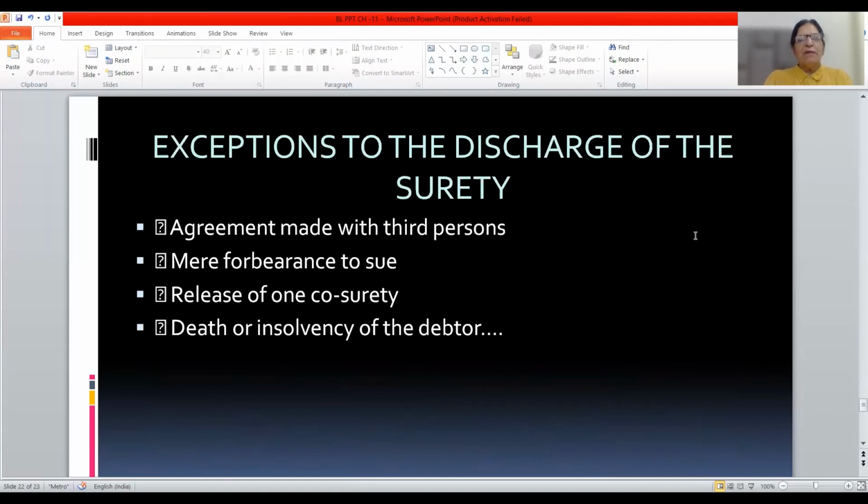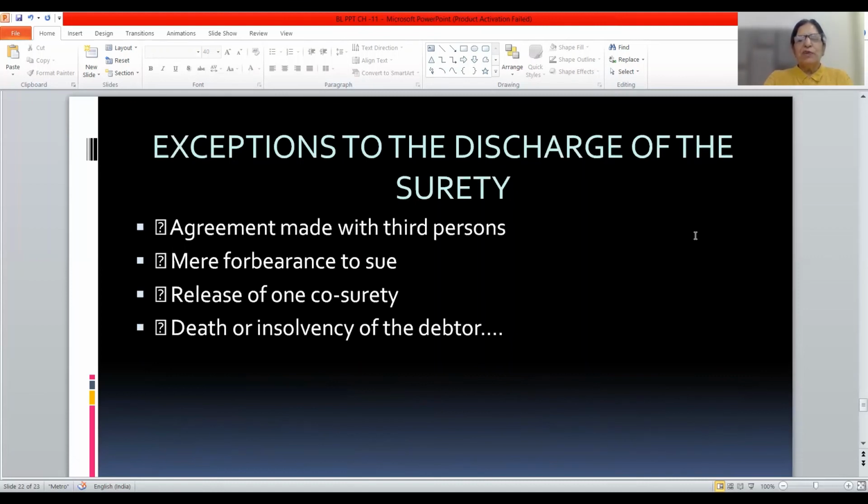So, agreement made with third parties. Say, S has given the guarantee to the creditor for the performance of the promise of the debtor. The debtor has borrowed 10,000 rupees from the creditor for a period of 1 month at the guarantee of the surety, and the debtor is able to pay only 8,000 rupees. He informs the creditor, and the creditor tells his friend, a third party, that my debtor is unable to pay the money.